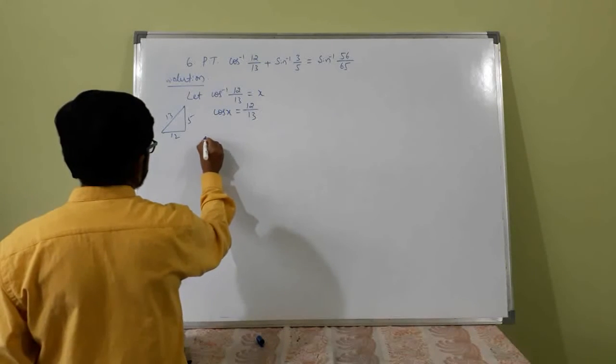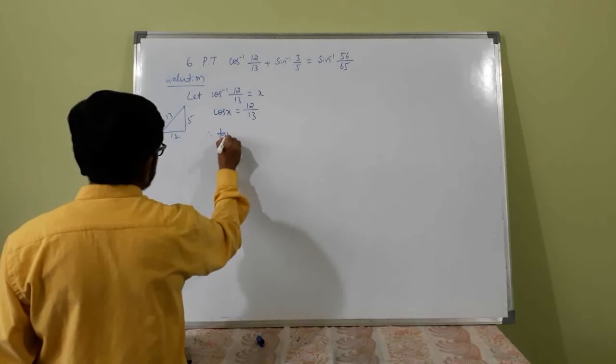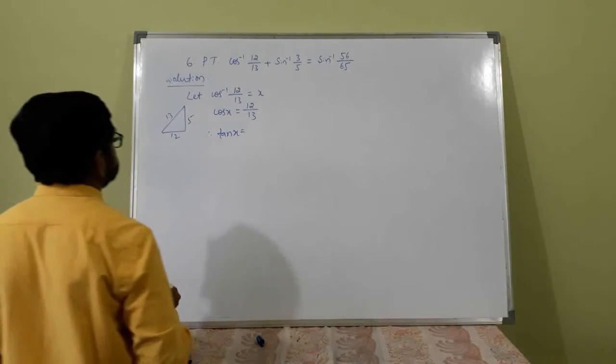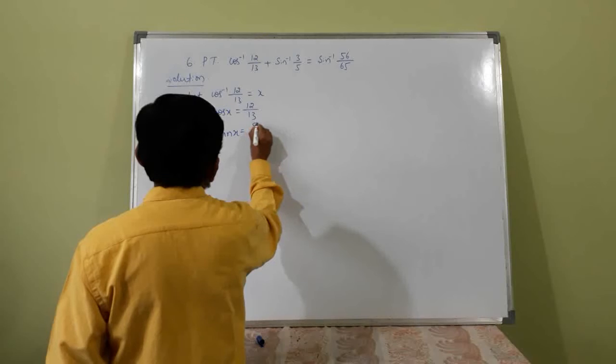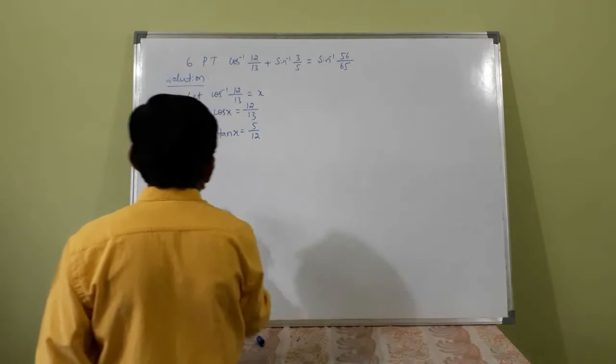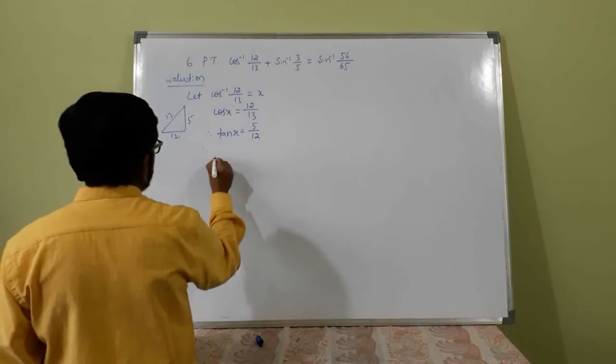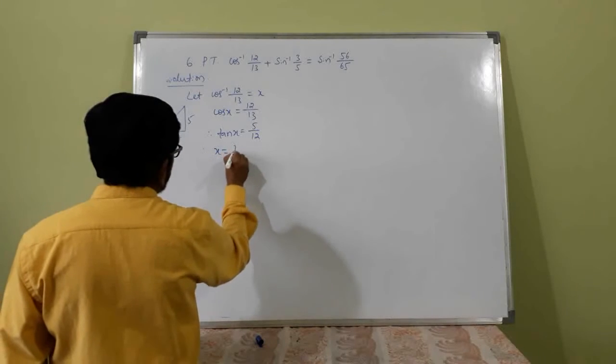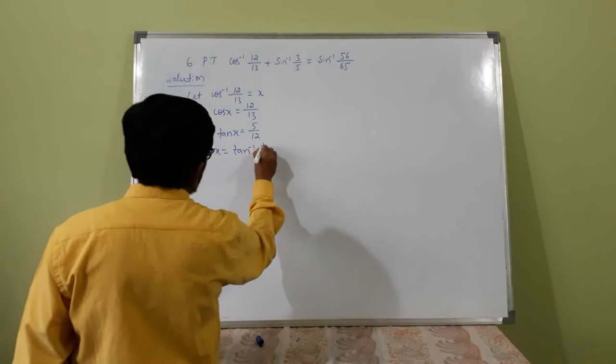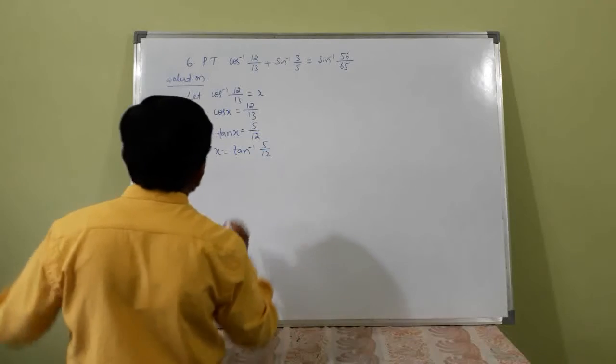So tan x is equal to 5 by 12. Therefore x is equal to tan inverse 5 by 12.